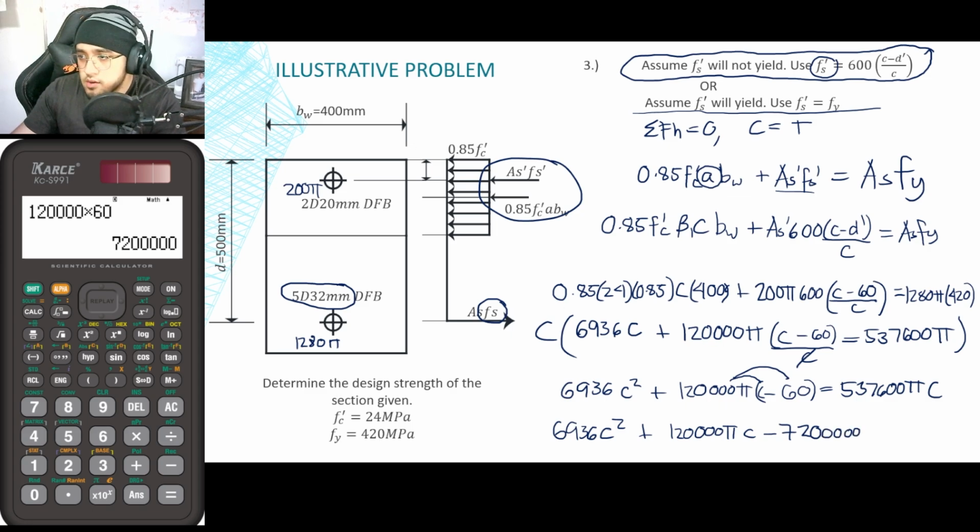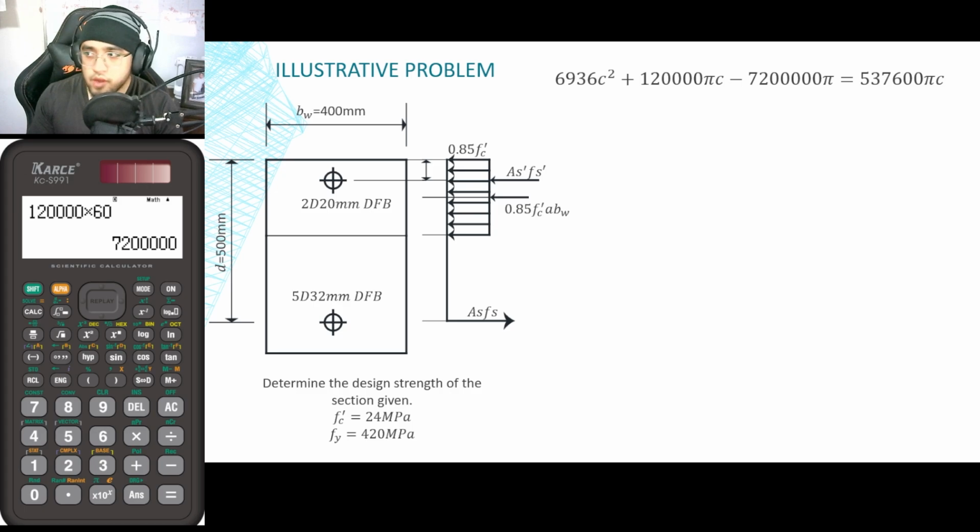Let me just count: 1, 2, 3, 4, 5. Okay, so 7.2 million pi. This is now equal to 537,600 pi c. Basically this is our updated equation.